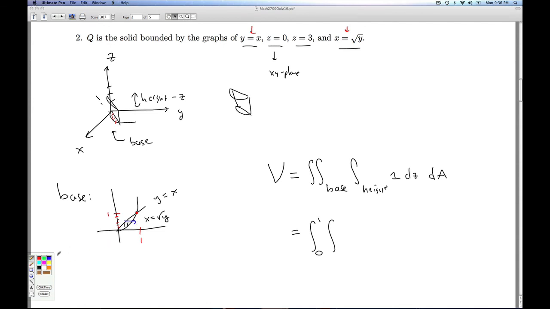This line over to that curve. This line is given by x equals y. This curve is given by x equals square root y. And now the integral on the height goes from a constant 0 to a constant 3. 1 dz dx dy. So that'll do it for number 2.